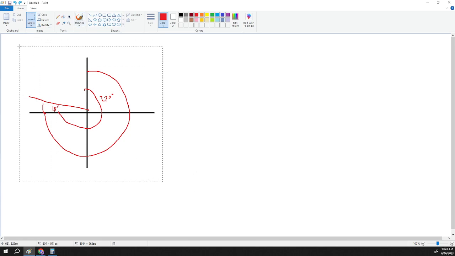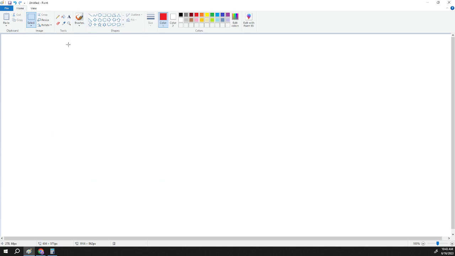Does anyone remember how to convert degrees to radians? For every degree, there is, how do you know? Pi over 180. Correct. Everyone is actually listening. It is pi over 180.